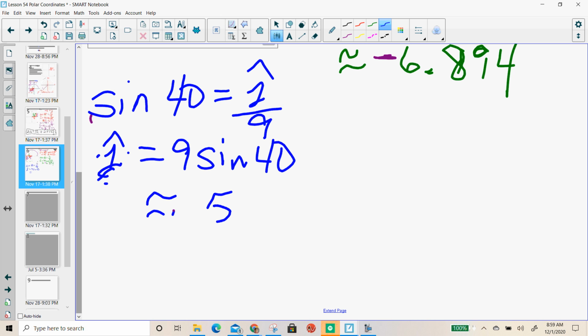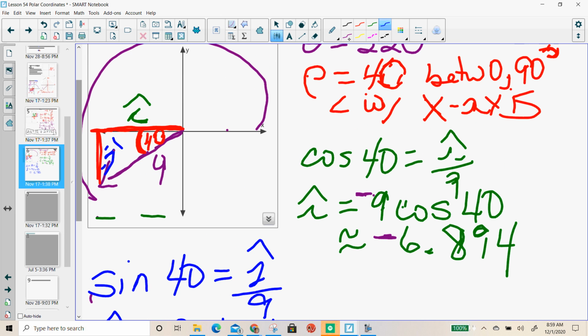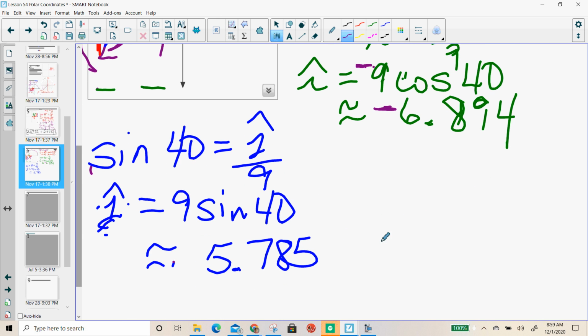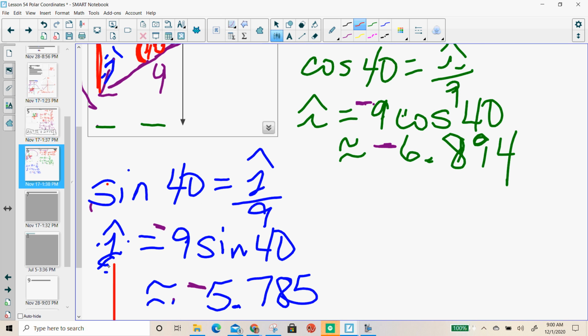And great job, 5.785. But we know that we were in the third quadrant, and in the third quadrant, i hat and j hat are both negative. So I'm going to write down that this j hat is really a negative number. And then the final step is to put it all together as one vector.